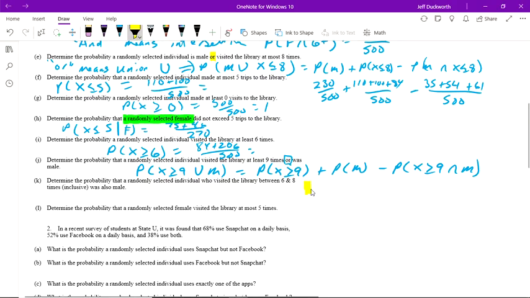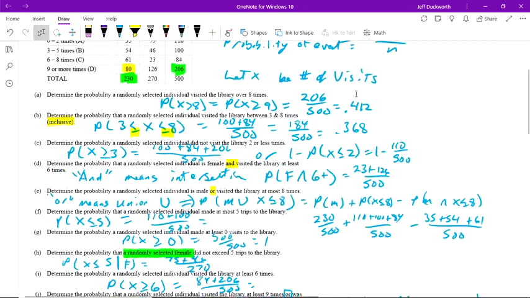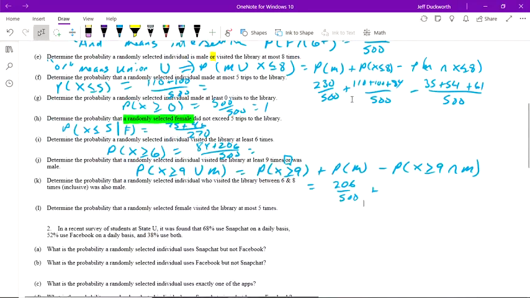So this equals the probability that X, oh, I already have those. Let's just put in the numbers. So we had 206, and the male was 230, I think. 230 for males.